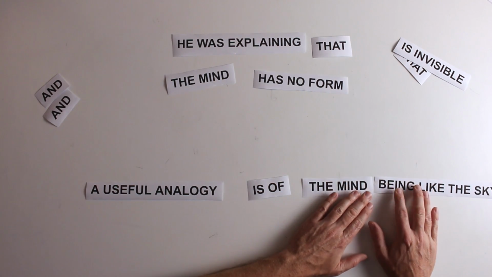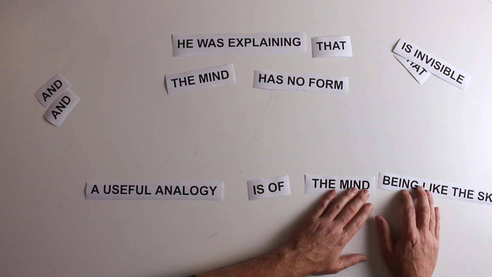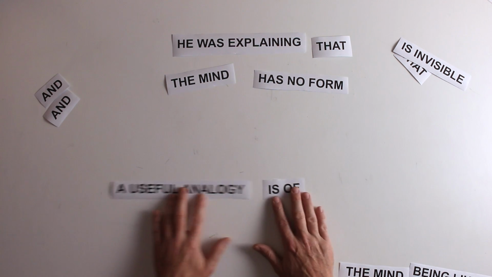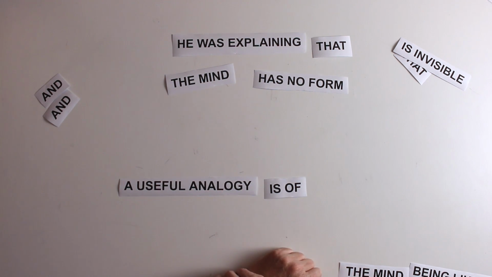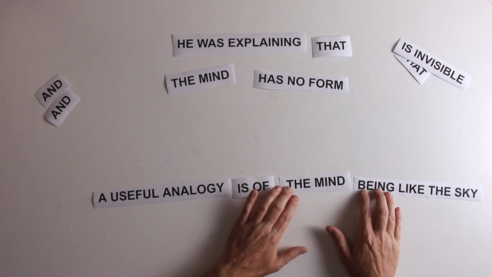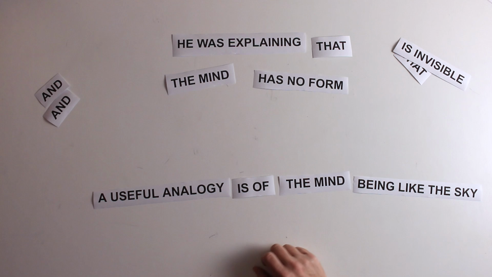And we could actually substitute this whole part of the sentence, we could substitute this for any noun. I could say that a useful analogy is of pizza. A useful analogy is of happiness. So any noun we could put in this position. But here we're not just putting a noun, we're putting a whole noun phrase.